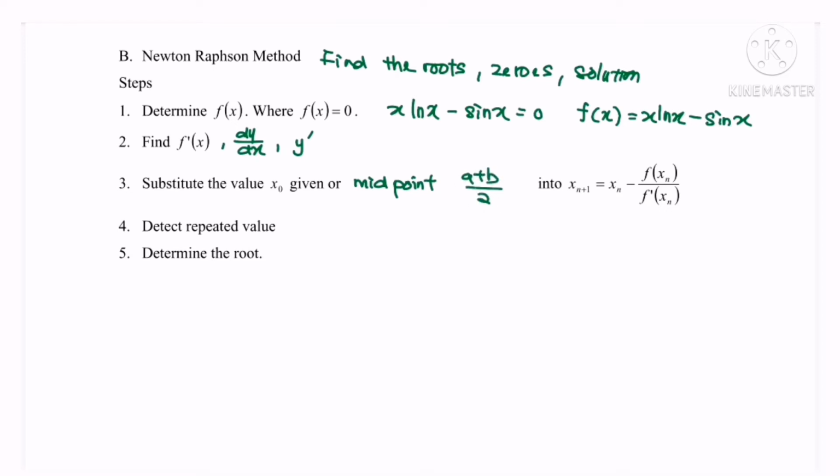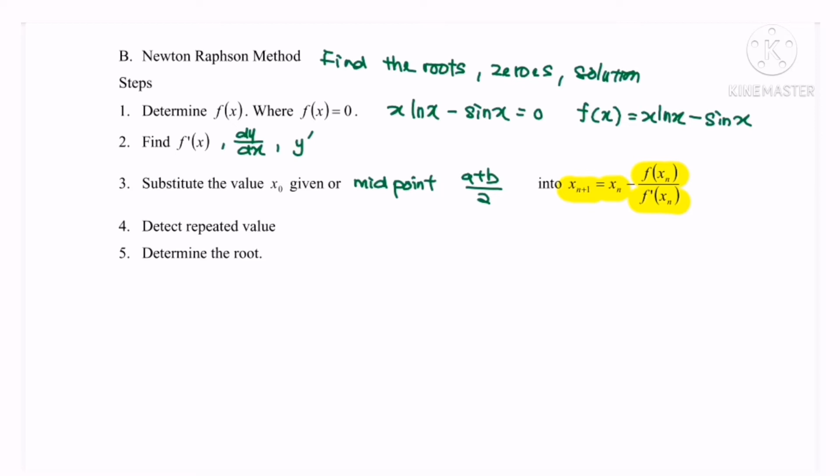Substitute the value x naught, the midpoint, into the formula where x sub n plus 1 equals x sub n minus f of x sub n over f prime x sub n. Step number 4, detect the repeated value whenever you substitute the value into the formula. Number 5 is to determine the roots.